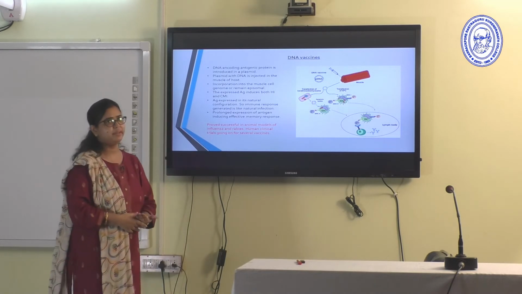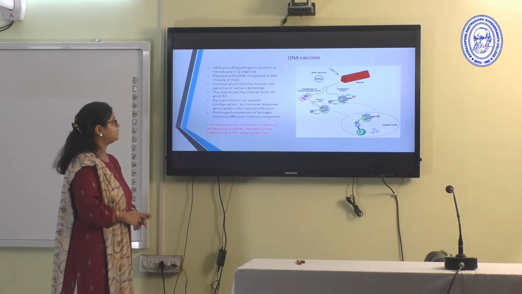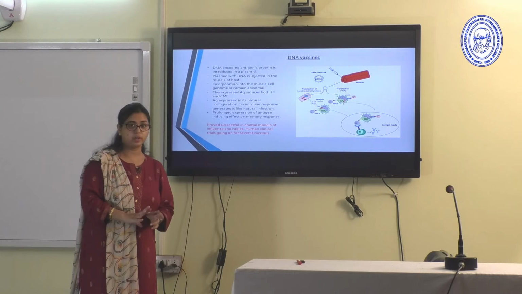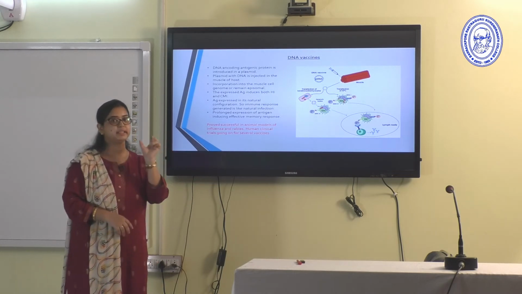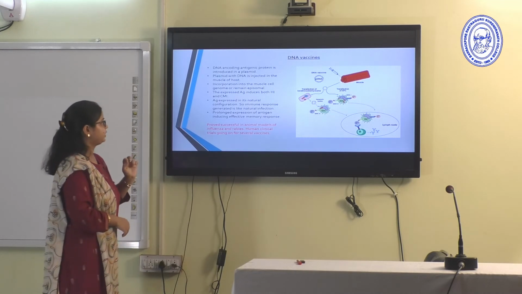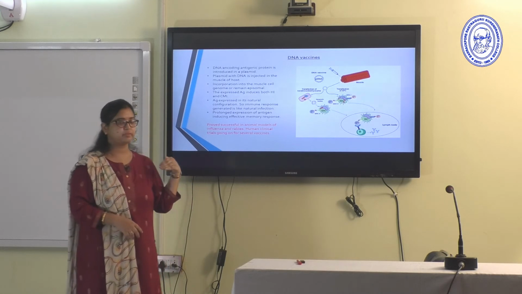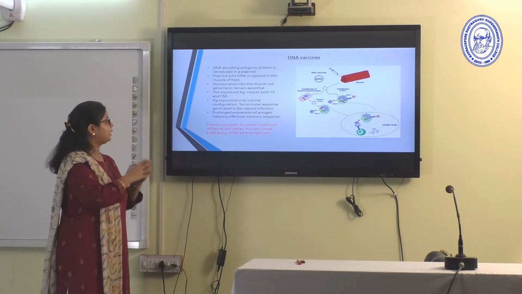Similar to recombinant vaccines, we can also see DNA vaccines. DNA vaccines are quite similar, where we are not taking the microorganism but the DNA of that microorganism, that antigenic gene, and we are inserting it into a muscle cell. Generally the muscle cell is preferable for inserting the genome.